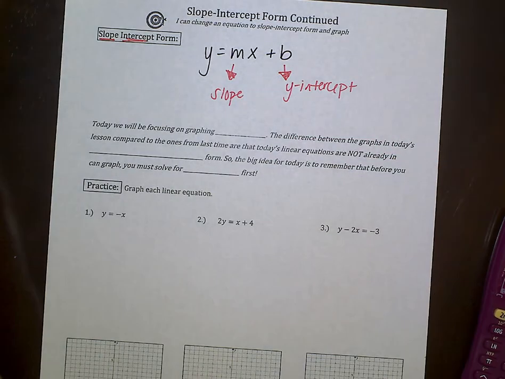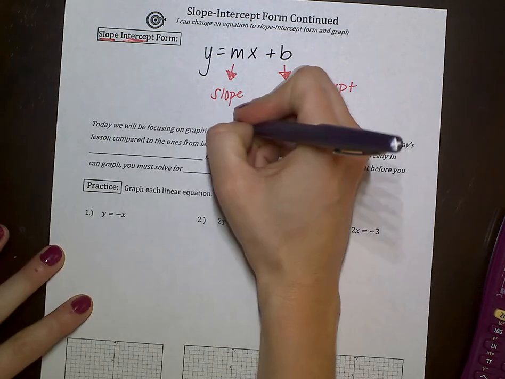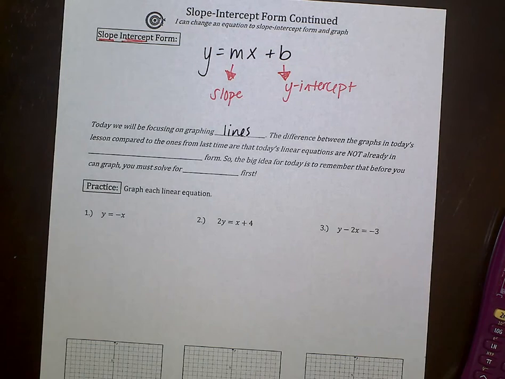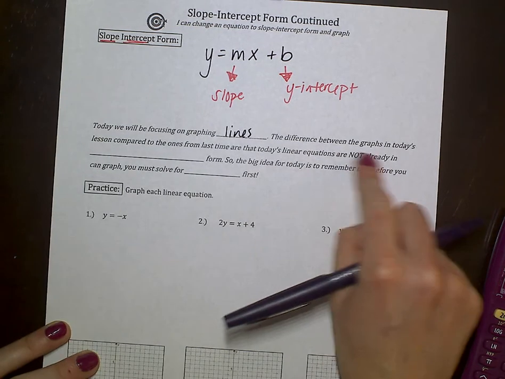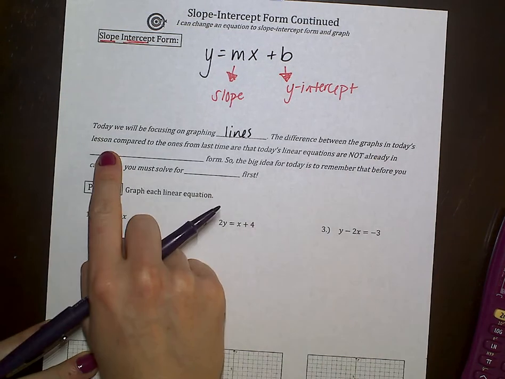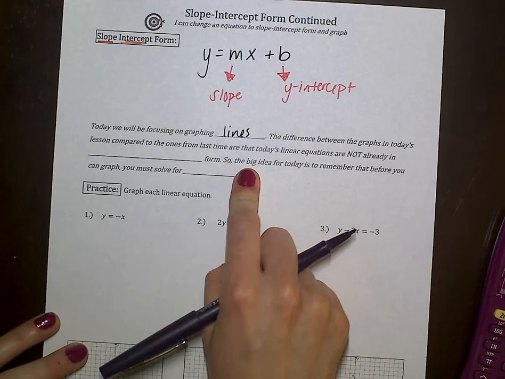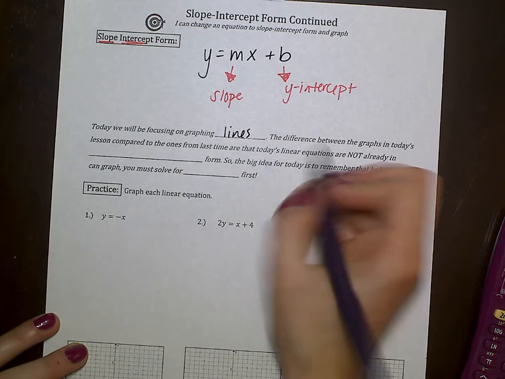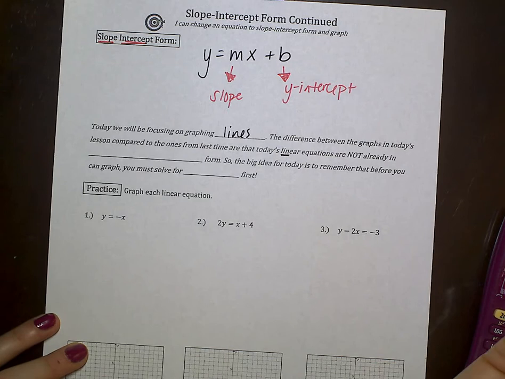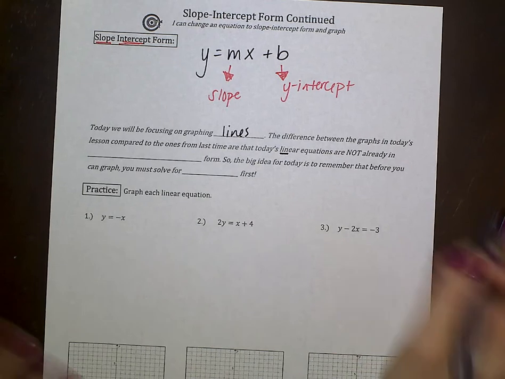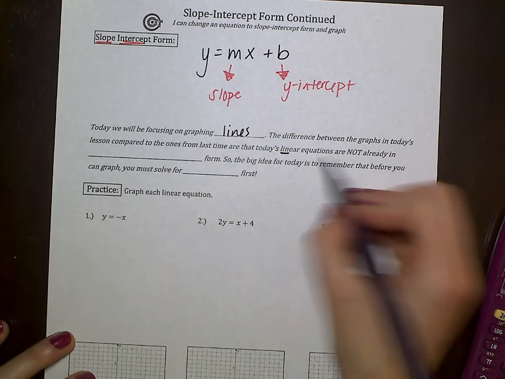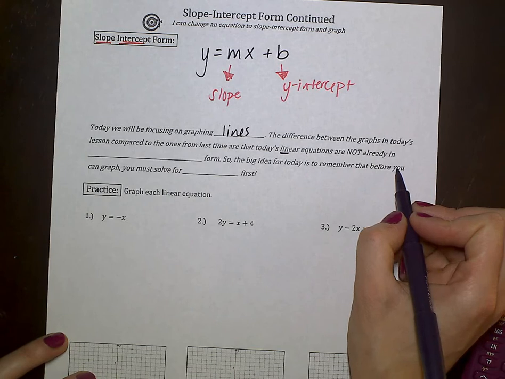So we're still talking about that same topic today, and we're still focusing on graphing lines. We did a little bit of this last time. We kept it pretty basic though in the first lesson. So the difference between the graphs in today's lesson compared to the ones from last time is that today's linear equations, don't let that word throw you off, that just means the graphs are lines, are not already in slope-intercept form.